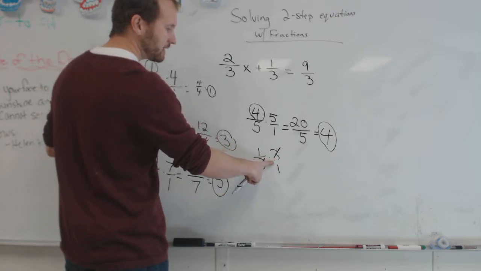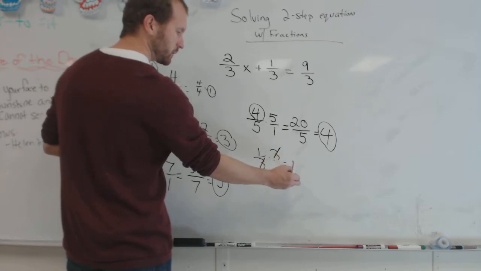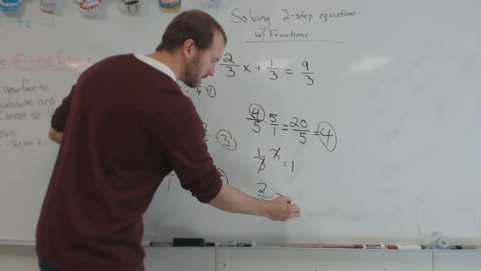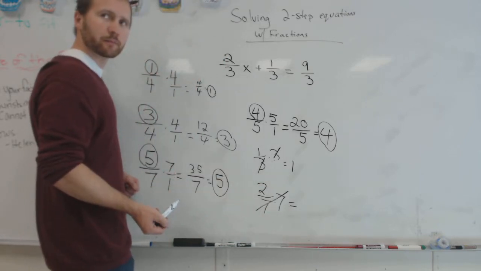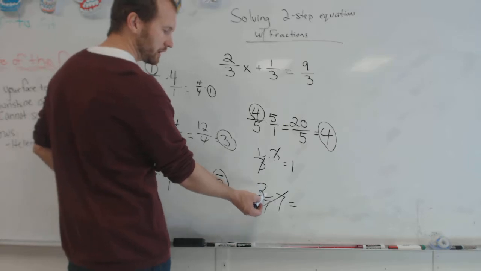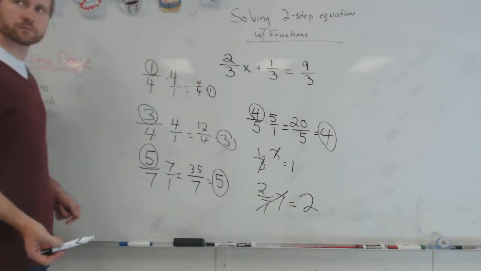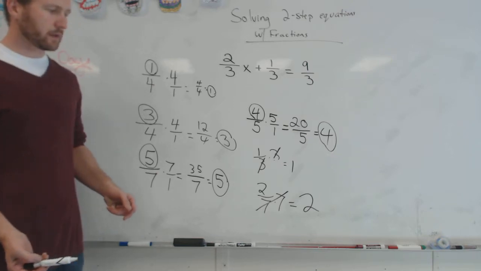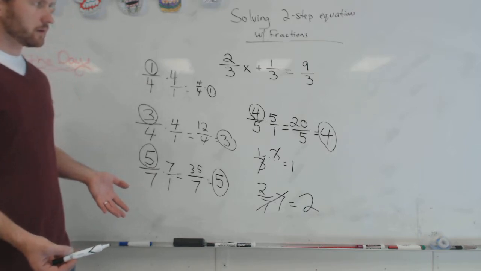I don't even need the over 1. So it'll just be 1. So 2/7 times 7, I'm just going to cancel my 7's, which is going to give me a 2. Do you see this pattern?